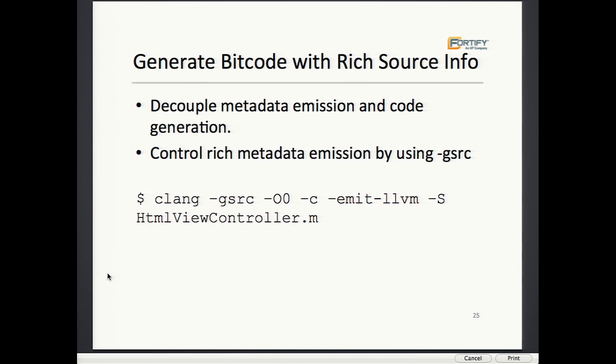The second reason is that at the IR level, the IR itself is not analysis friendly for high-level analysis. For example, the information I showed is available through the enhanced metadata, but it is scattered around in the LLVM bitcode.